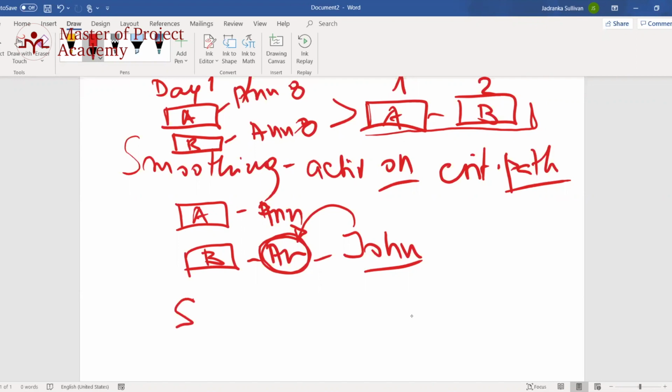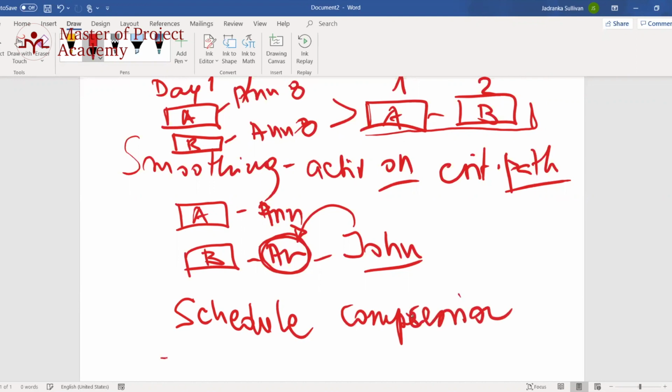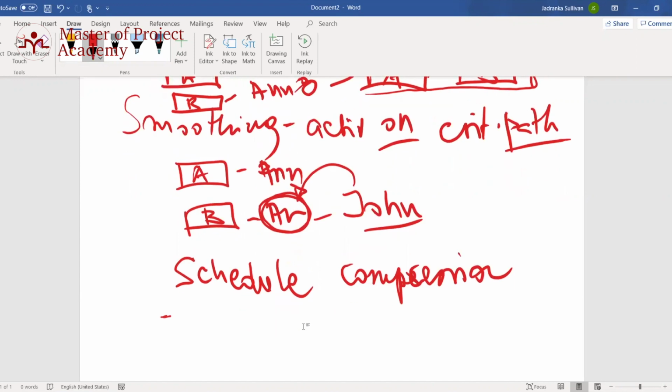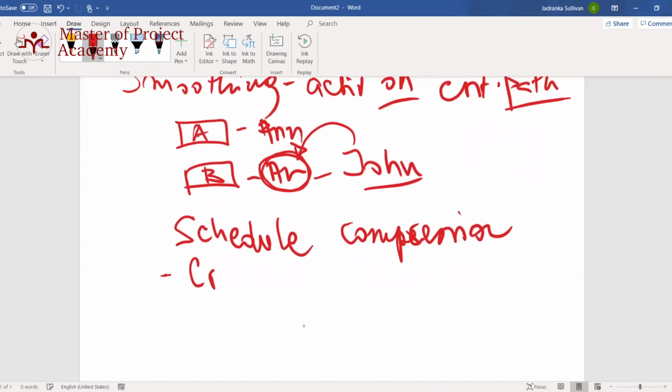And then we have schedule compression techniques, right? When we talk about schedule compression, here we have crashing and fast tracking.